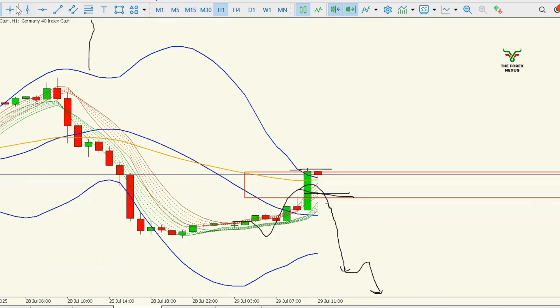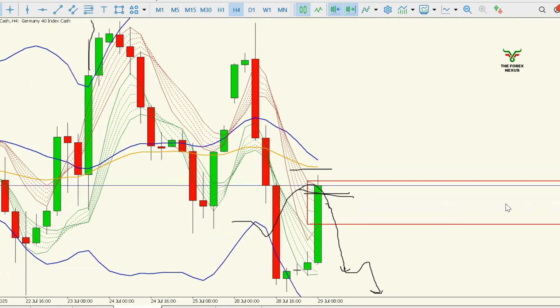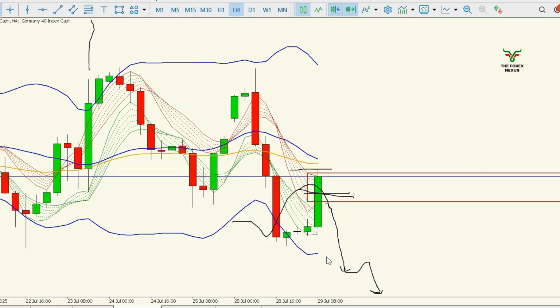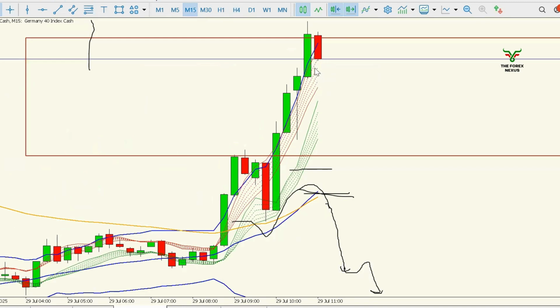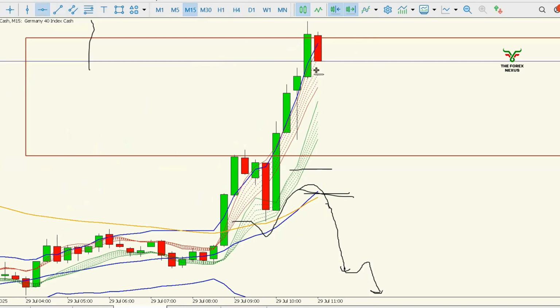Okay, this is the simplest way you can identify your targets, and the third, the final target will be here, low BB on the first time frame H4. So on MLV, where you took your trade, at that point, you start the trade here.